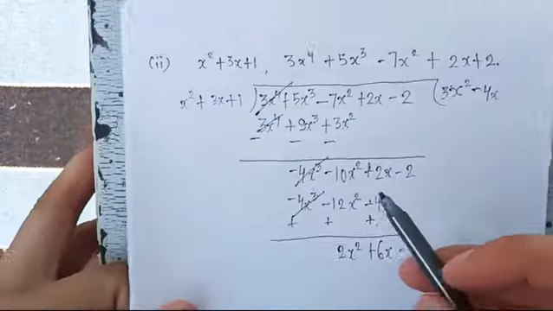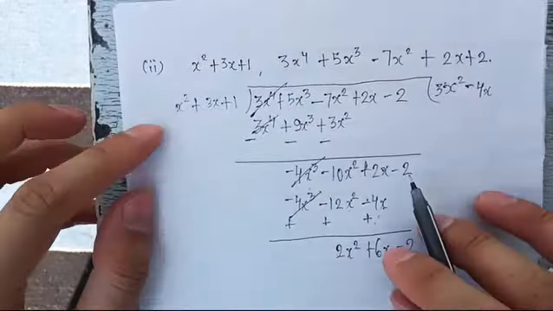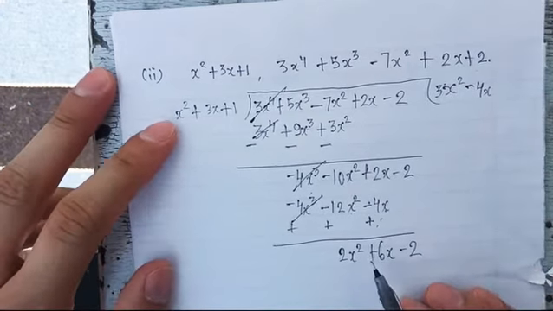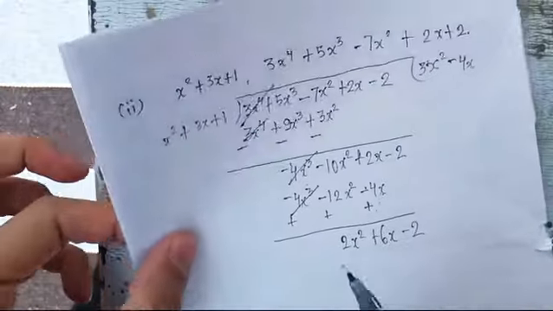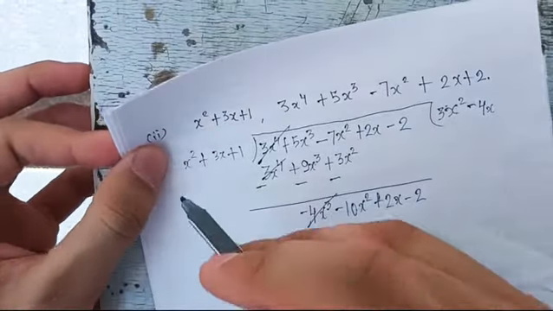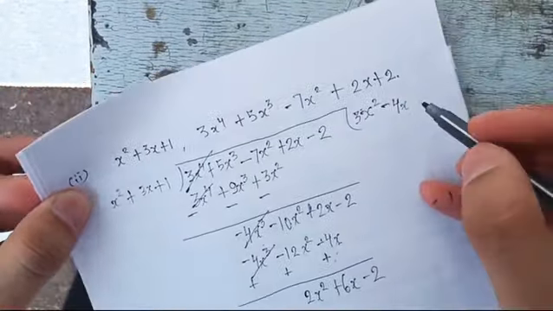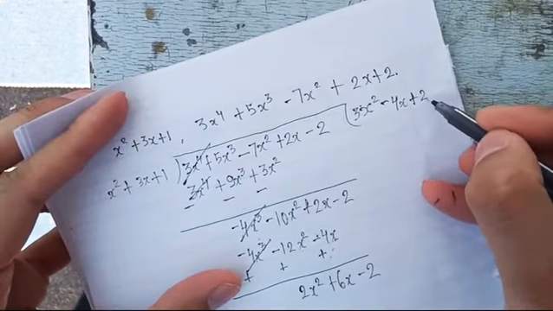Now here the degrees are the same, x square here and also x square, so we will multiply only with 2. The divisor has to be multiplied with 2, so here I will write plus 2.